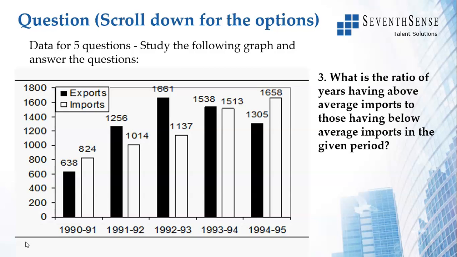They want to know the ratio of years which have above average imports to below average imports. To find that, first we need to find the average imports. We have 5 years. Let us calculate the total imports: 824 plus 1014 plus 1137 plus 1513 plus 1658.